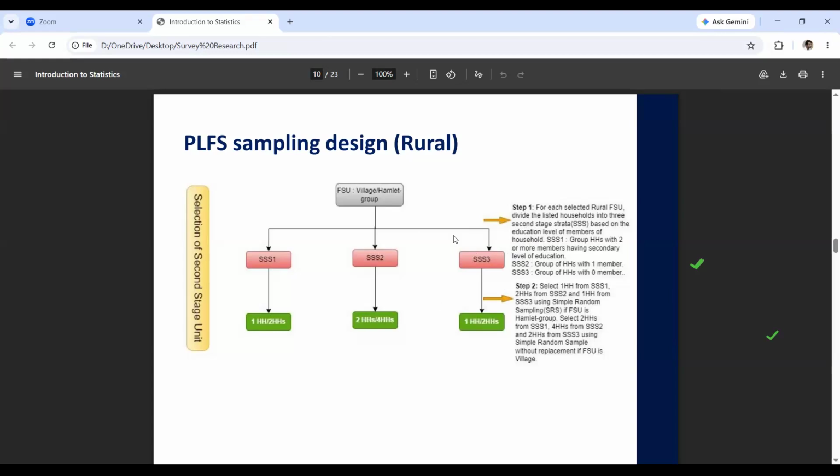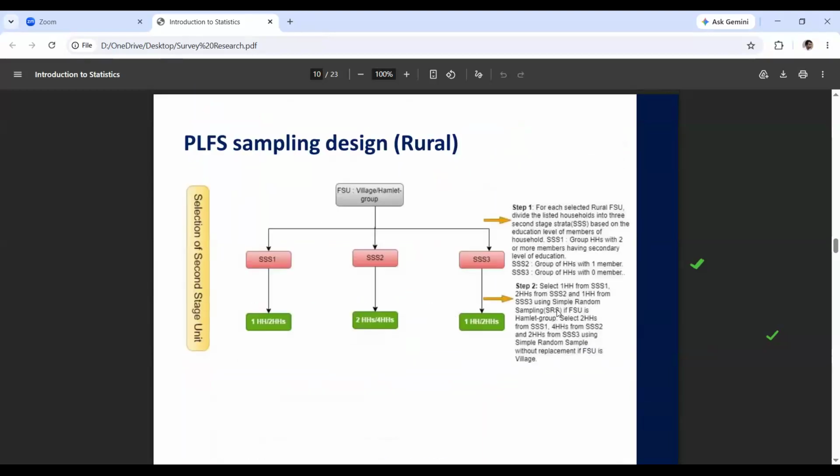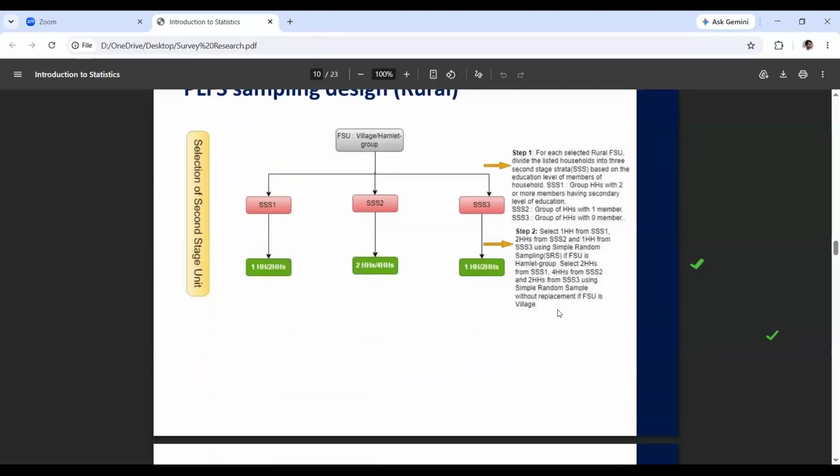Now, from all these second stage strata, 1 or 2 households are selected for the interview. If the Hamlet group was created within the village, then 1 household per Hamlet group is selected from SSS1, 2 households from SSS2, and 1 household from SSS3.